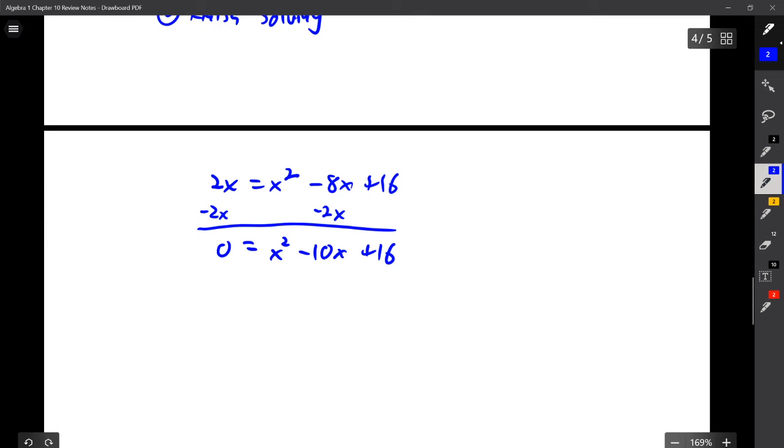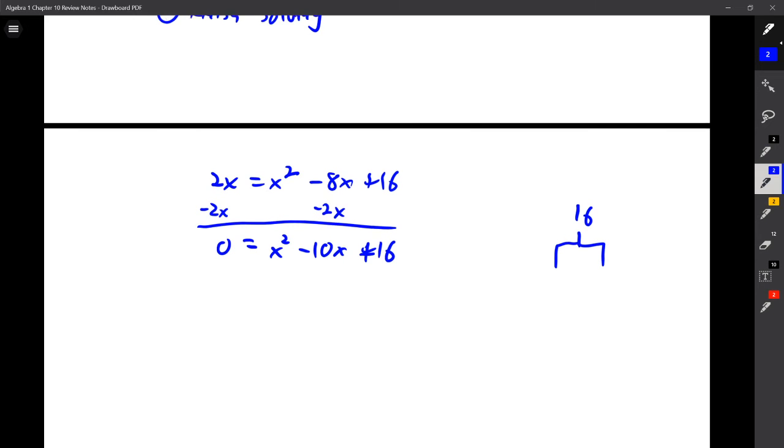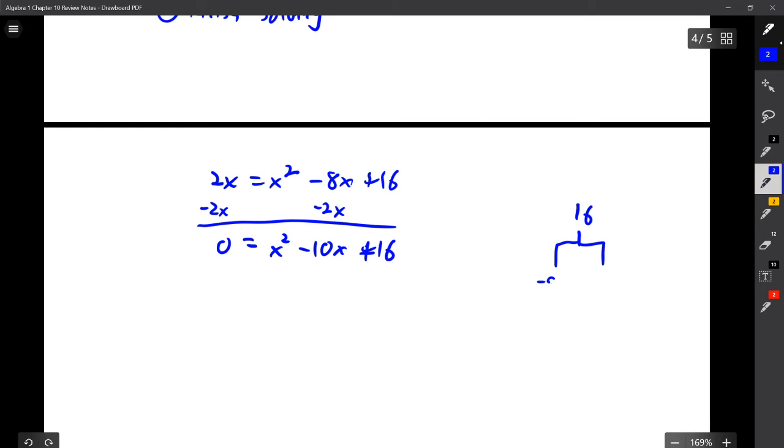Just because it's easier to deal with, I can leave it like this. So I have a 1x squared, which means I can do the factoring just by looking for two numbers that multiply to equal 16 and add to equal negative 10. 8 times 2 is 16, but I want a negative 10, so I can do negative 8 times negative 2.